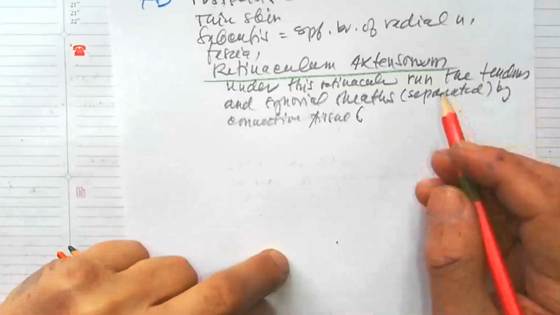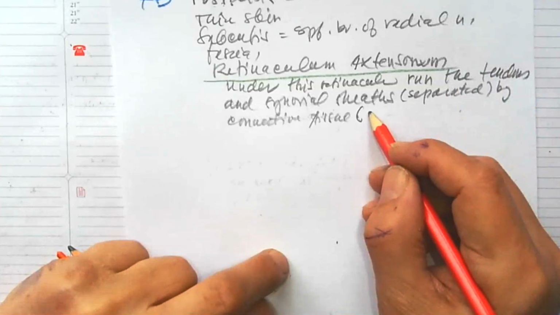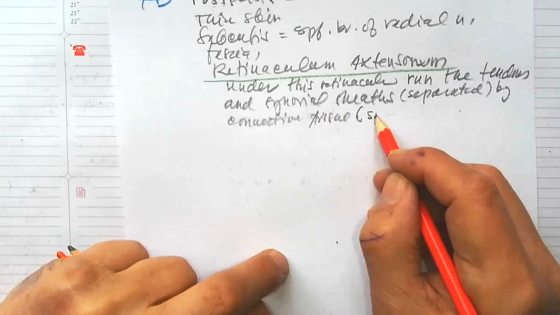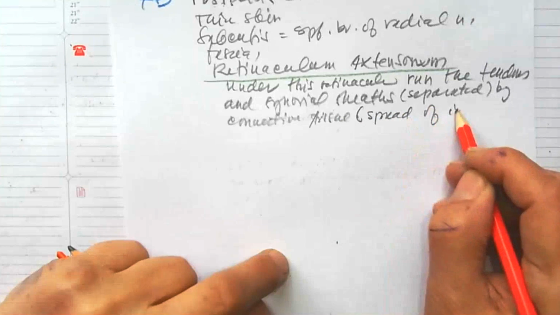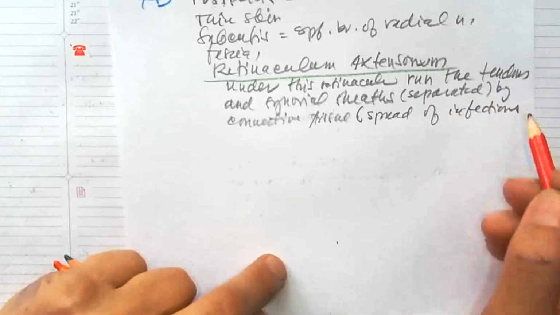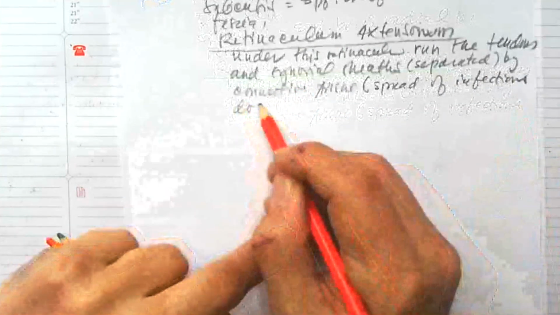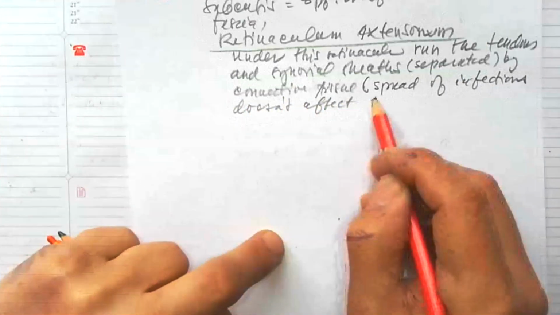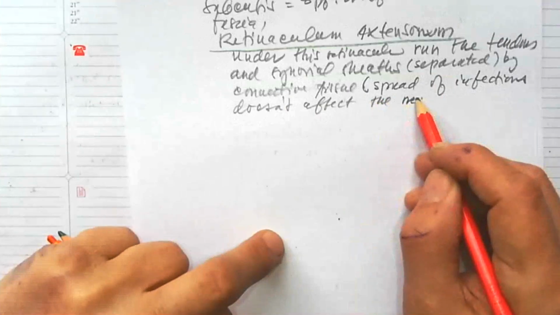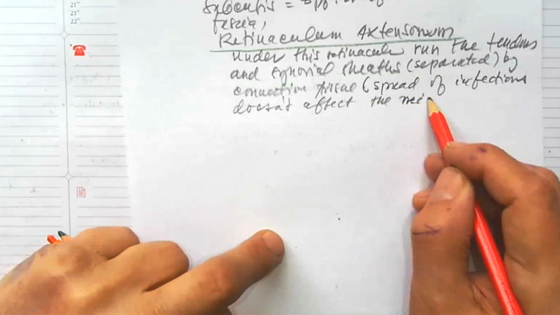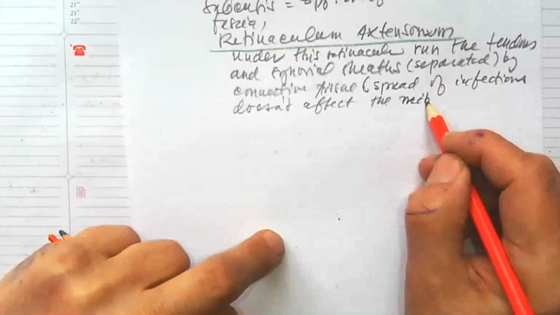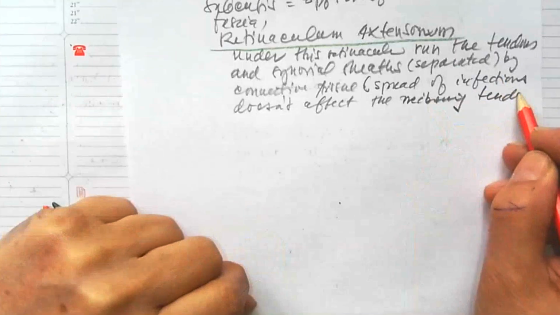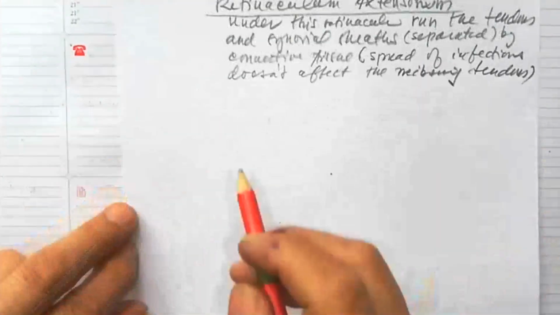Spread of infection alongside one of the tendons doesn't affect the neighboring tendons. That's it. So good.